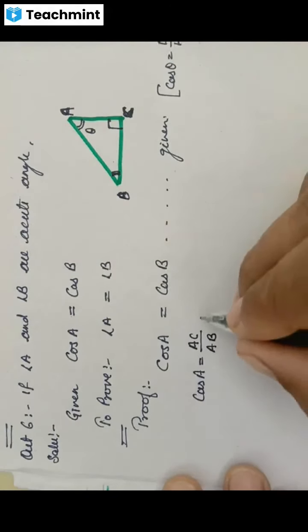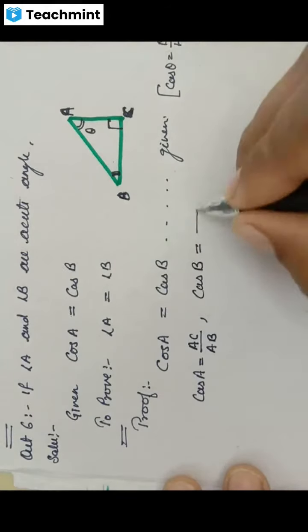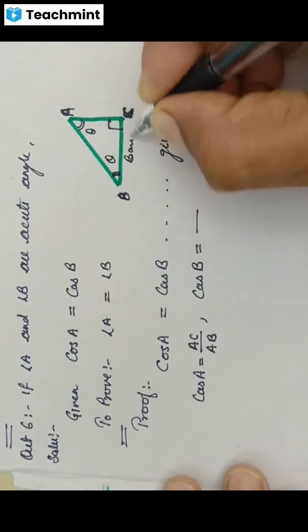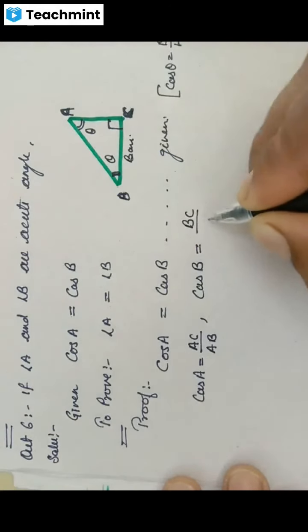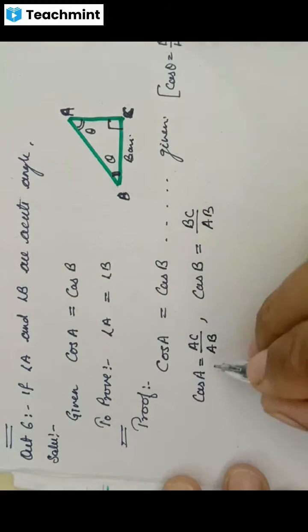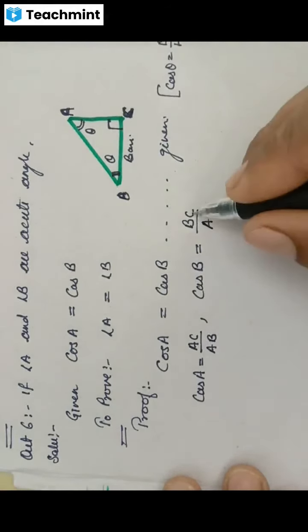This is cos A portion and your cos B, if the theta is at the place of B, then your base will be BC. Is it clear? So BC is upon hypotenuse, which is our AB. This is cos A, AC and AB, cos B, BC and AB.